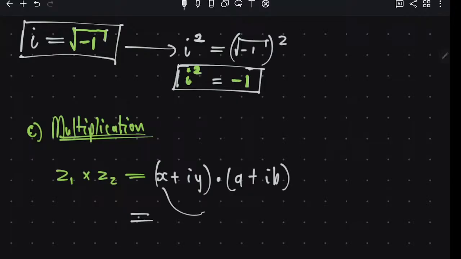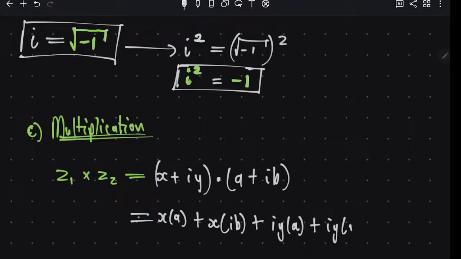So x will multiply A, so you have x by A, plus x multiplying IB, plus IY multiplying A, plus IY multiplying IB.